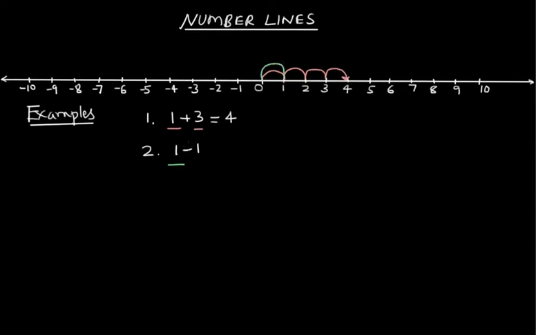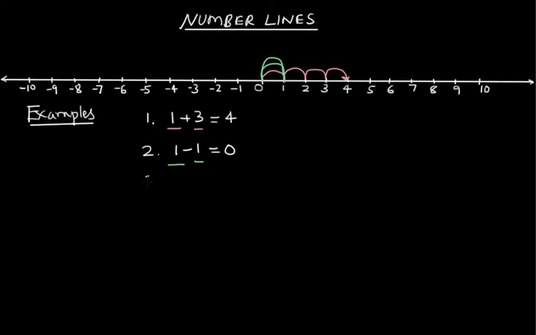Then look at what we need to perform. We need to subtract 1. Subtraction means reduction, and reduction means going to the left. So let's go to the left by 1 place, and we stop here. So the value here is 0. Therefore 1 minus 1 is nothing but 0.